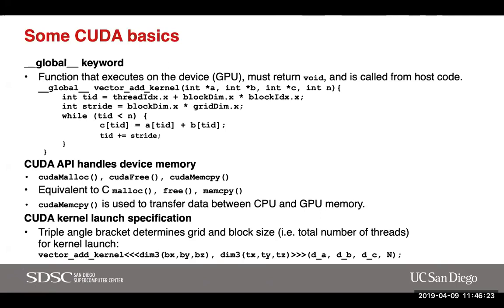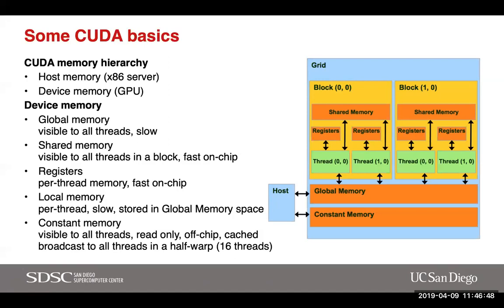So if you don't specify dy and dz, only dx would explicitly get a number that's different from 1. And the same for the number of threads. So here you would launch a grid of a certain number of blocks, and here you define the block size, and that determines the number of threads that are running at the same time.